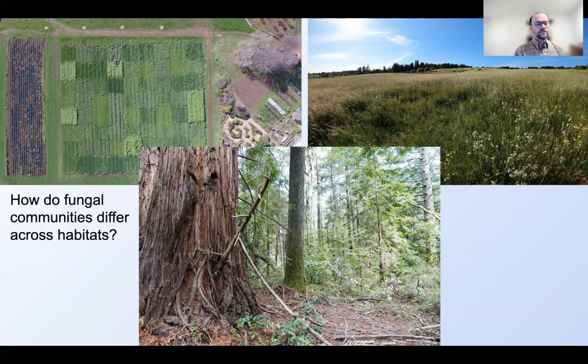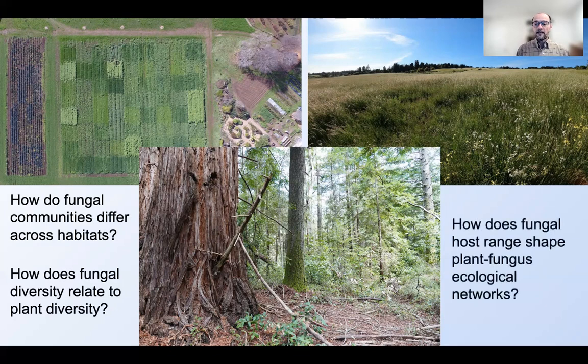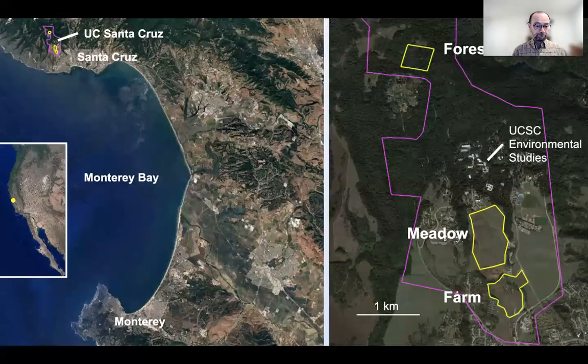And we're asking questions like, how do fungal communities differ across these habitats? Or how does fungal diversity relate to plant diversity? And how does fungal host range, the number of different hosts on which a fungus is able to grow, shape those plant-fungal ecological networks that could form?